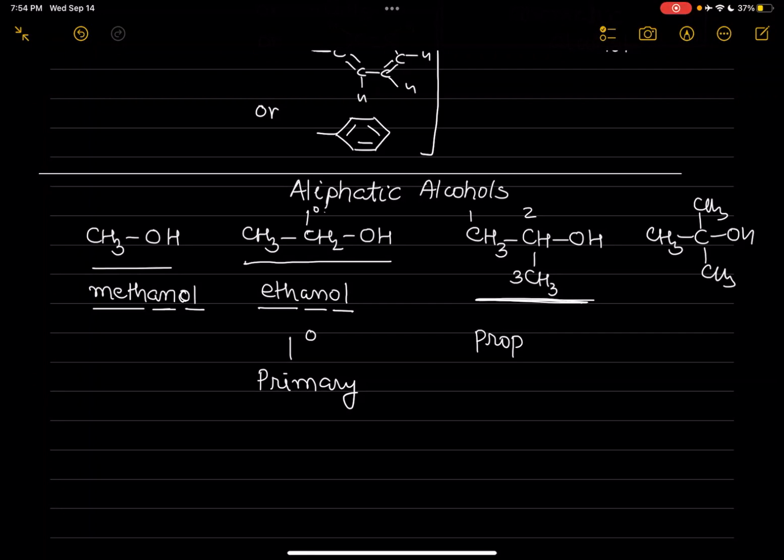There are 3 carbon atoms, so prop, ane, and ol: propanol. But you need to write the number where the alcohol is connected too. So propan-2-ol; 2 means the OH is connected to the second carbon atom. Is it clear? Its common name is isopropyl alcohol.